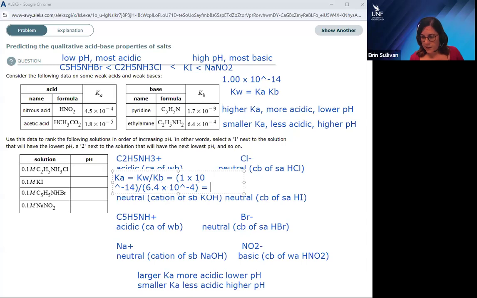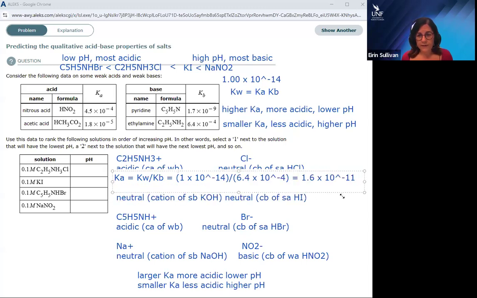So what is that going to shake out to be? I don't know. That's going to be about 1.6 times 10 to the power of minus 11. Excuse me if I made an error on that. I did it in my head. So that'd be my value for Ka for that one.